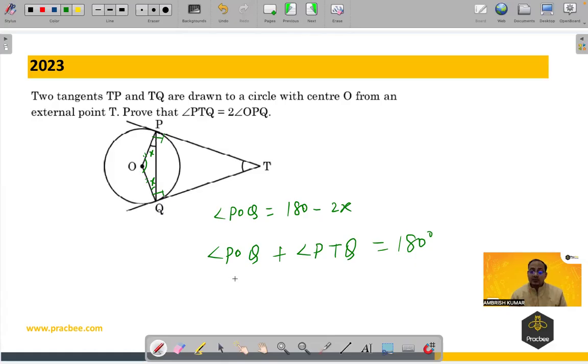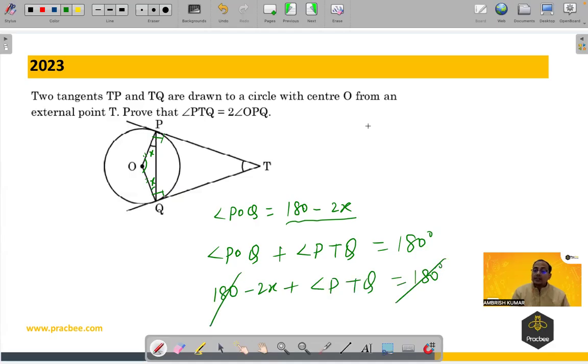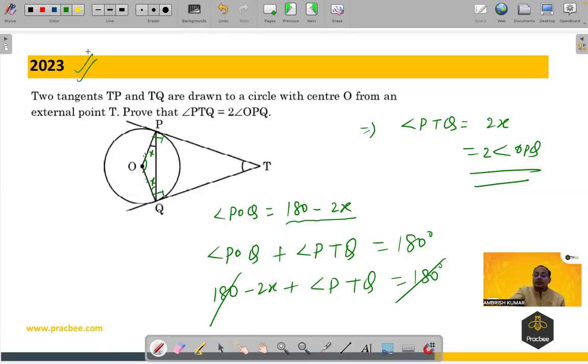Now angle POQ is 180 minus 2x, so 180 degrees minus 2x plus angle PTQ equals 180 degrees. 180 got cancelled, so you have angle PTQ equals 2 times x, and x is nothing but your angle OPQ. This we have given the name x. That's it. This is exactly what we have to prove in this question. And this question was asked in 2023, correct?